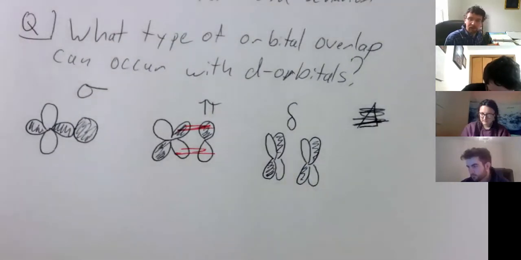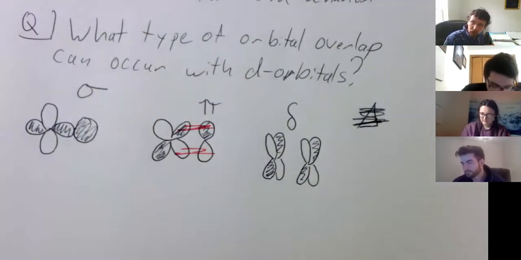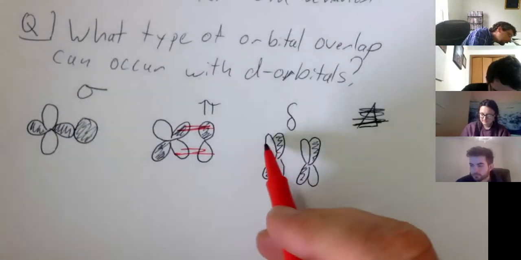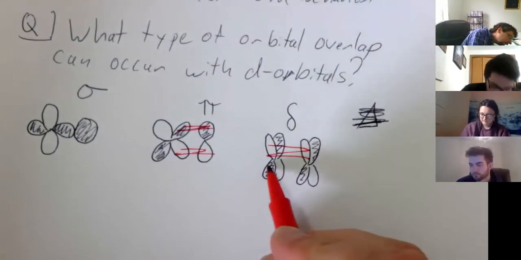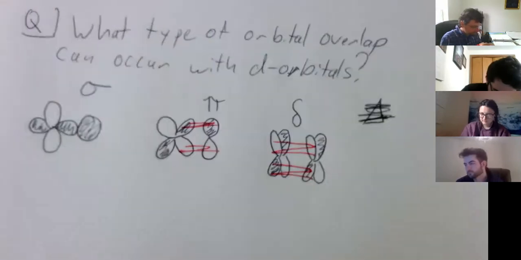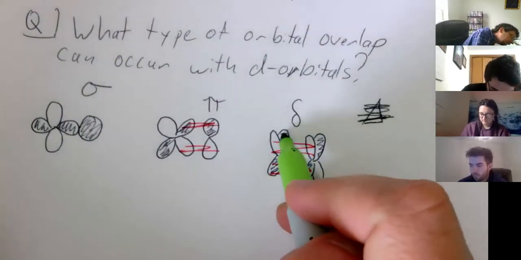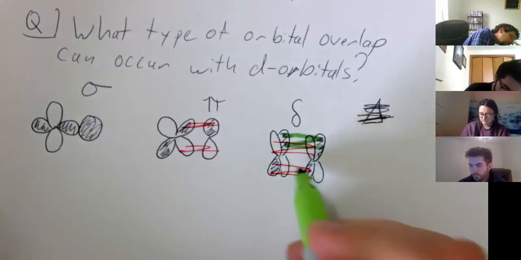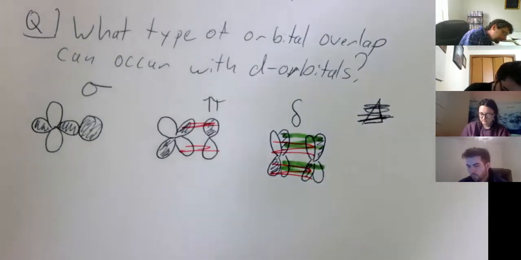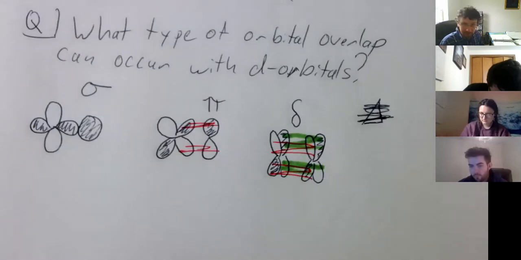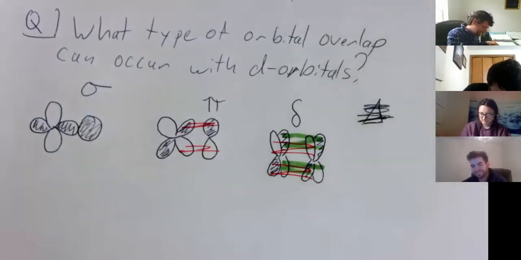So we'll show the front lobes interacting with red, and the back lobes interacting with green. And all it really looks like is I just scribbled all over it, but it's meant to show that type of interaction. Okay, so everybody remember those types of overlap.